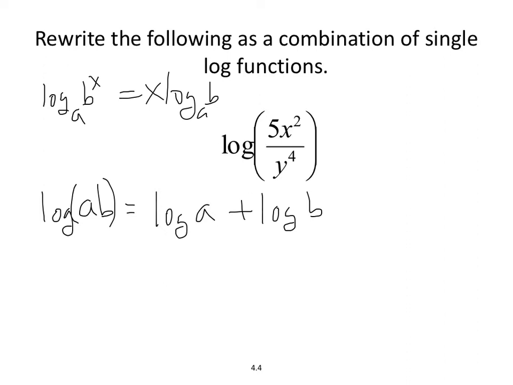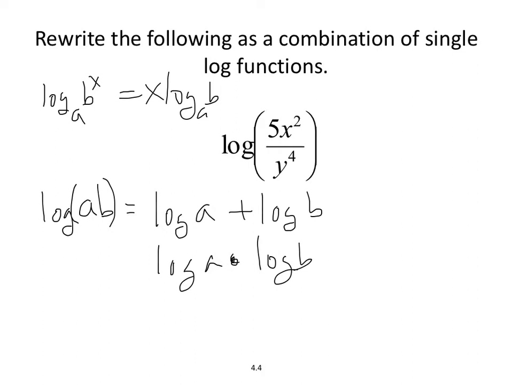We can go backwards, but here's where you've got to be careful. This expression doesn't say that I can take the log of A and multiply it by the log of B. That's not the same expression, so you don't want to do that.